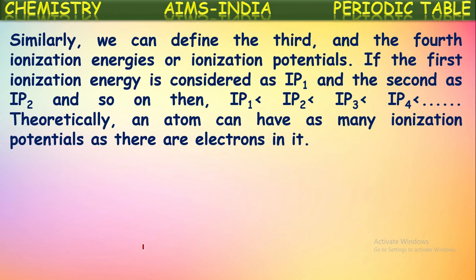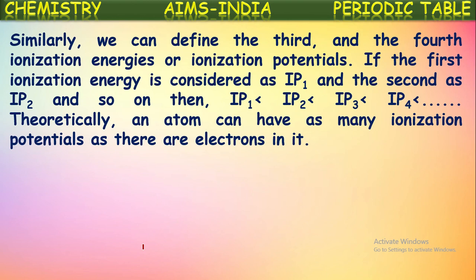Similarly, we can define the third and the fourth ionization energies or ionization potentials. If the first ionization energy is represented as IP1 and the second as IP2 and so on, then IP1 is always less than IP2, which is always less than IP3, which is less than IP4 and so on.